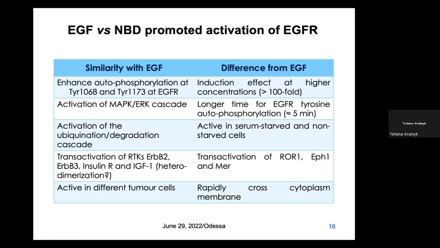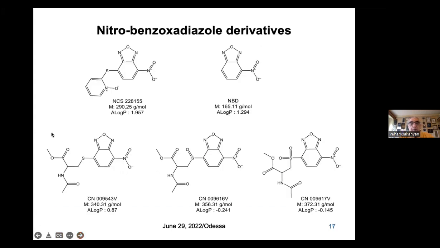We can also see transactivation of ROR1, EPH, and MER. And finally, I can highlight that the compound seems able to go rapidly through the cytoplasmic membrane. We decided to enlarge the list of MBD compounds and to make a comparison to understand better how these compounds can activate the EGFR.